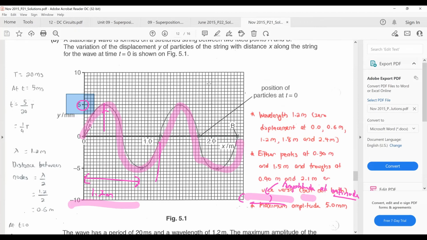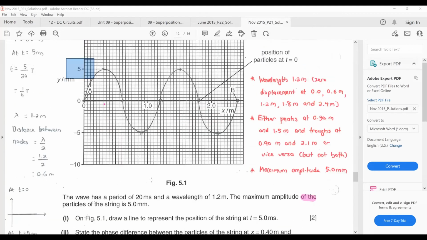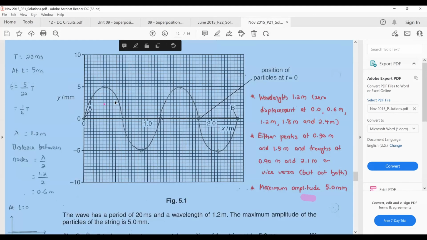And this one will give you 3 marks, just like that. Then after you have drawn this one here, you move on to the next part of your question.